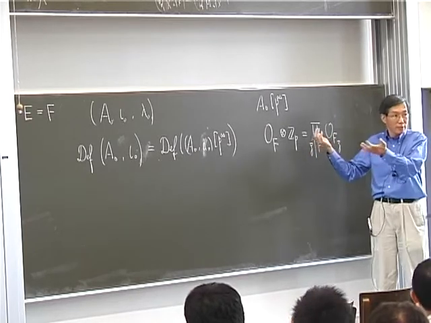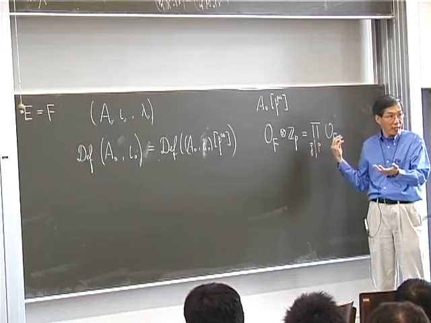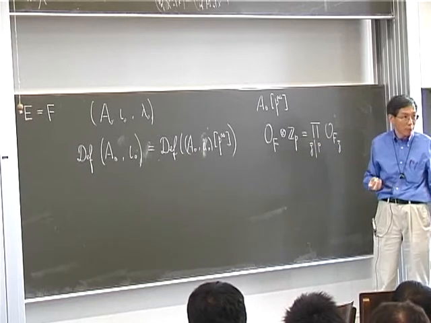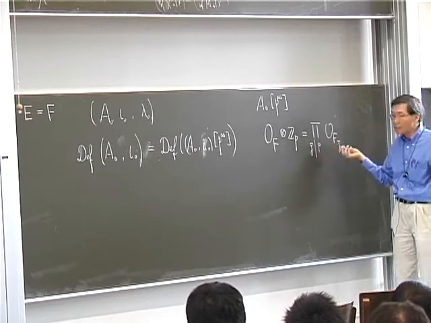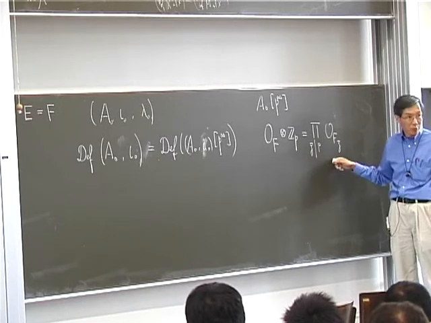For every place, if there is more than one prime in F above p, for every one you get a ring of integers, and you have this canonical decomposition. In this decomposition, you have one irreducible idempotent for every place above p.